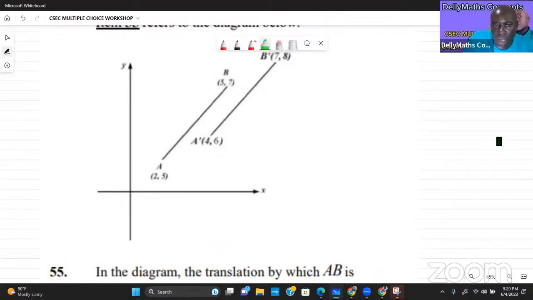I'm not going to do all of them, I'm going to pick point A and A prime. The guiding principle for the translation is that an object plus the translation gives the image. So my object is A, which is (2, 5).